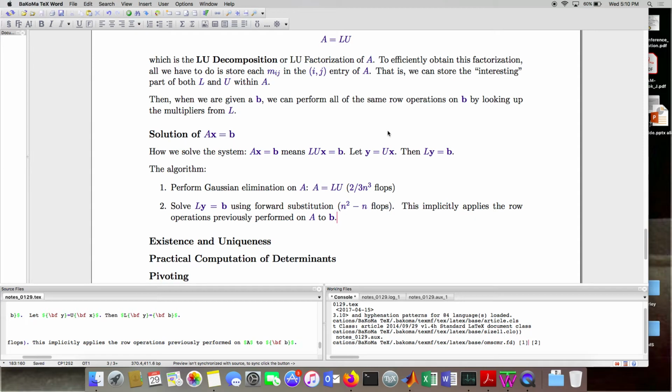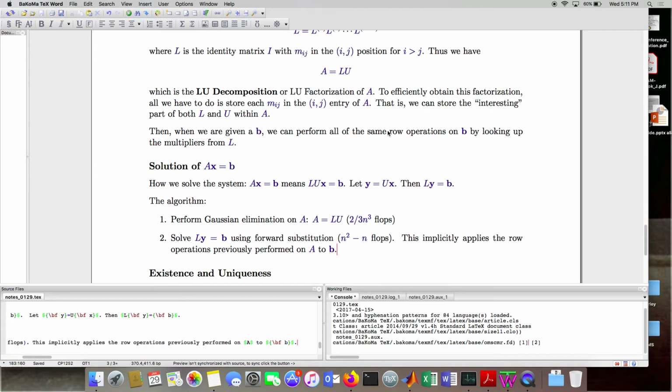Another way of seeing this is because look what happened here.